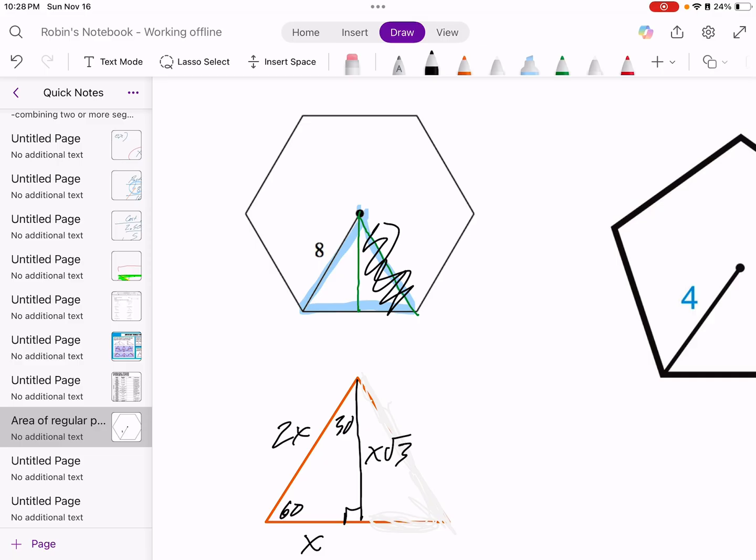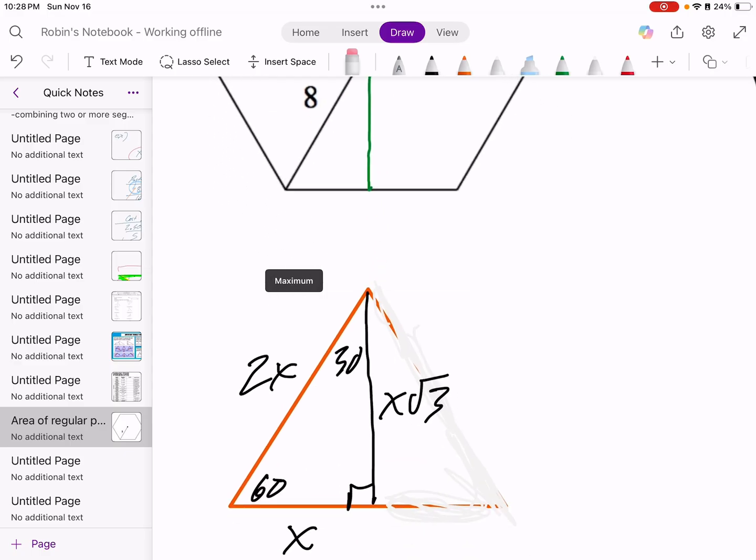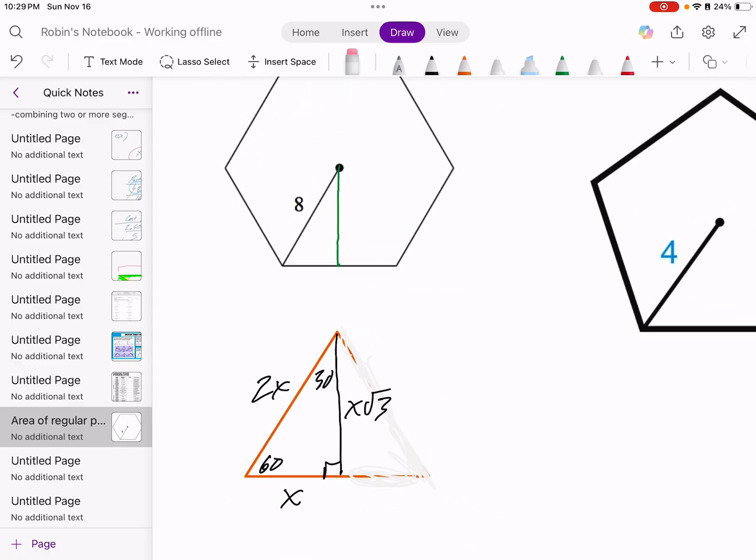So I'm going to focus on this now, get rid of that one. So I'm only focusing on this guy. And that's my pattern. So I'm like, wait a minute, if I have a 30, 60, 90, that means that's going to be 4. And that's going to be 4 square roots of 3. Because it's a 30, 60, 90.